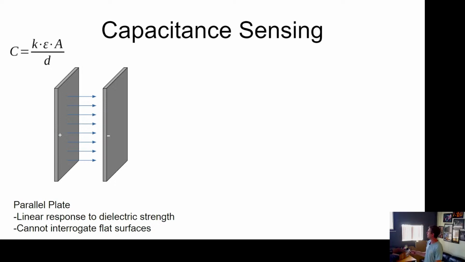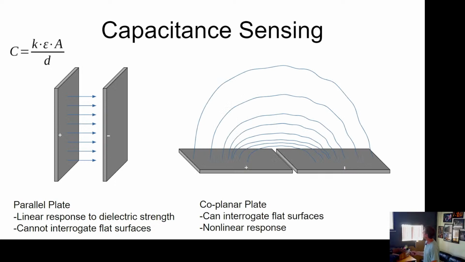But you can't really use this to interrogate a flat surface. So what you can do is you can open it up, and that allows you to then put something here that will change that signal based on that K value. If you introduce some kind of dielectric material, that will introduce a change in the signal, the capacitance between these two plates.